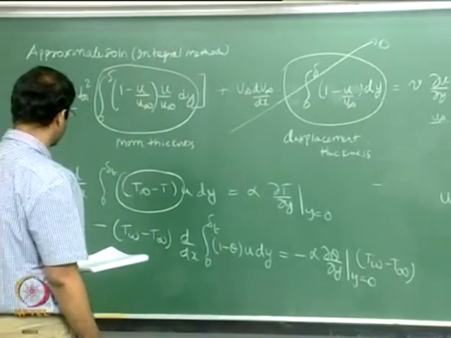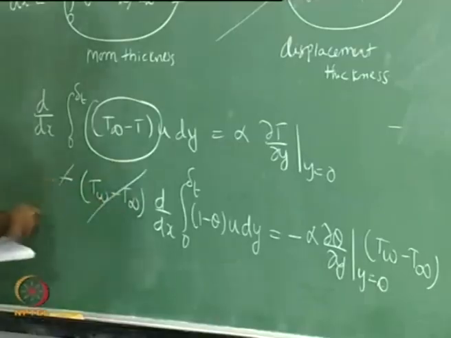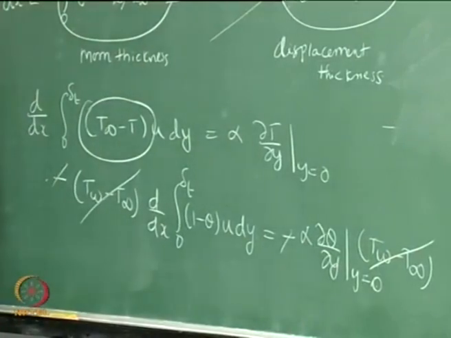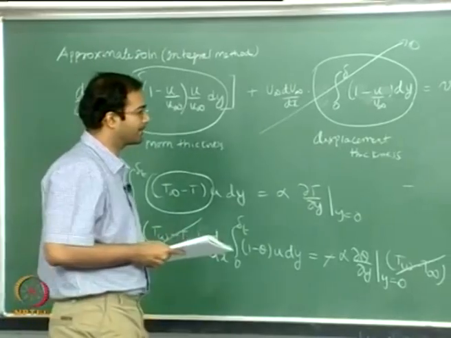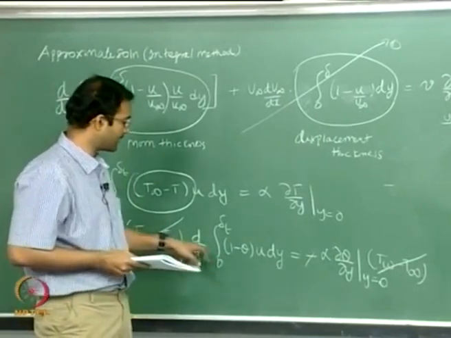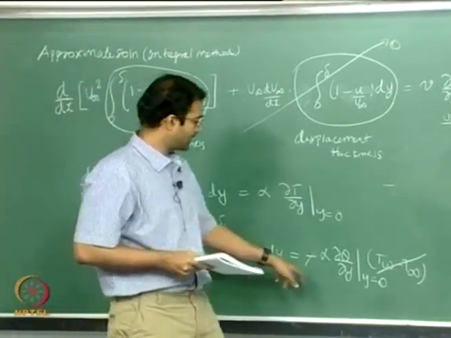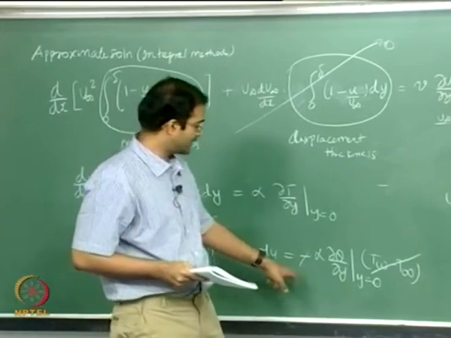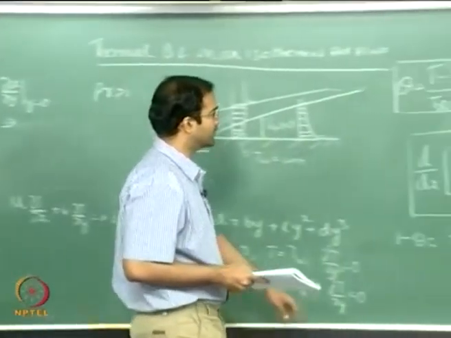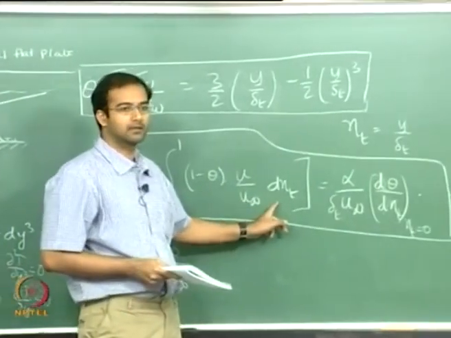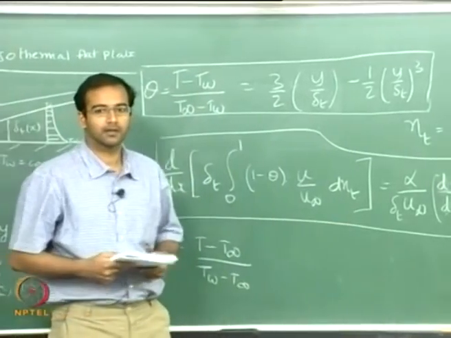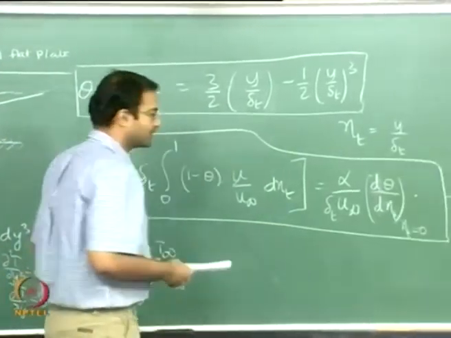So now this cancels. The rest is that I am multiplying and dividing by u infinity, and this is u by u infinity here, and the other u infinity I am taking to the denominator, and I am transforming from y to eta t, that is all. Any doubts?